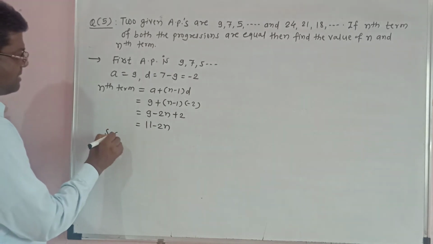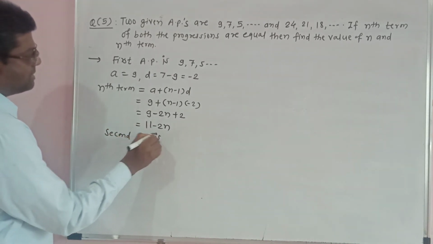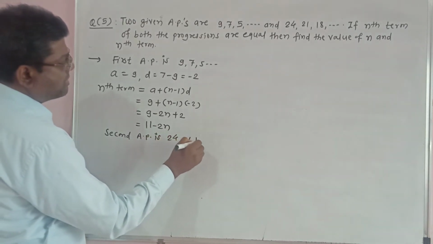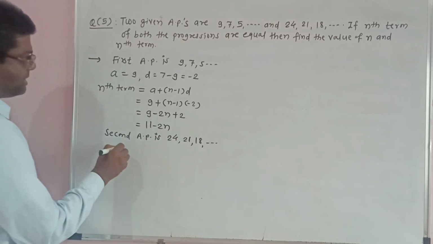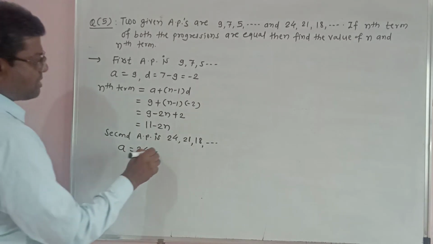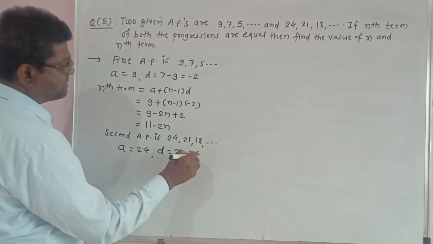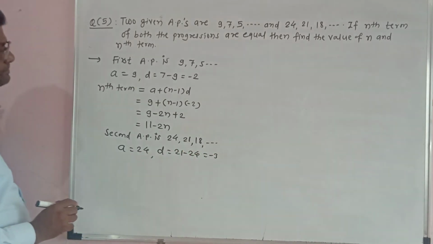Now the second AP is 24, 21, 18, and so on. Now for this AP, the first term a is 24 and the common difference d is equal to 21 minus 24 is minus 3.